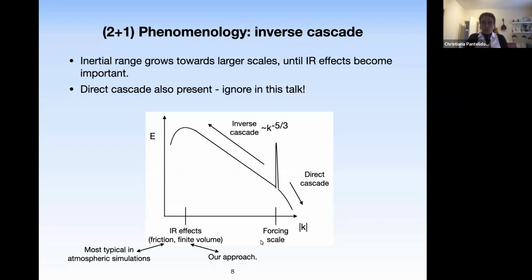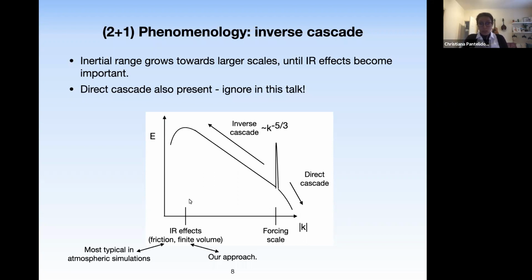So energy is transferred from small scales to larger scales. Or in terms of the momentum here, energy is transferred from large values of k to smaller values. Okay, so we have energy flowing from right to left in this picture.